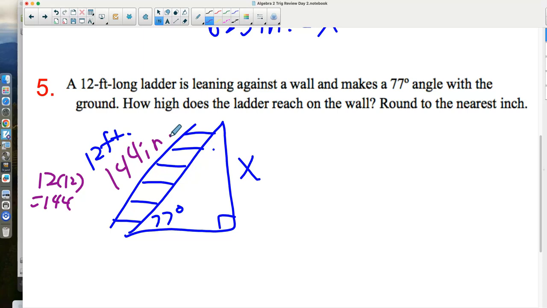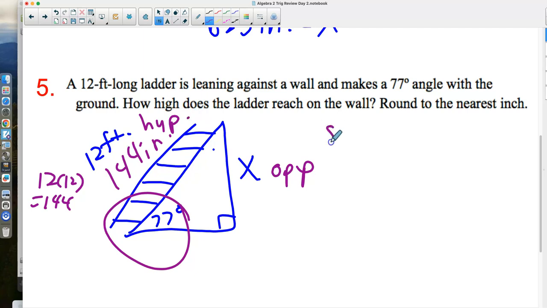All right. What's X? Opposite. OPP. 144. Hypotenuse. HYP. Opposite and hypotenuse. So, sine again. Sine of 77 degrees equals X over 144. How are you going to solve?